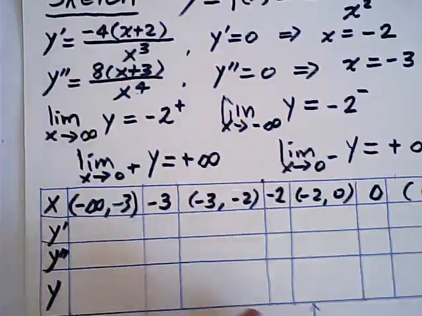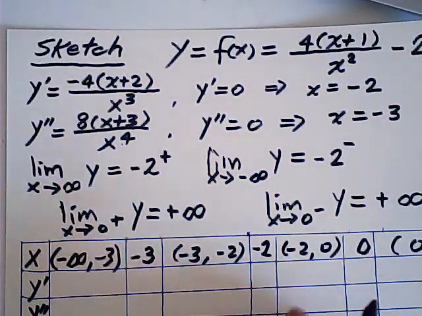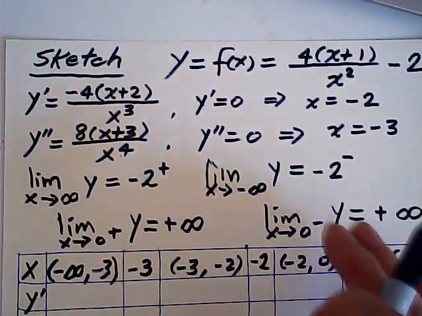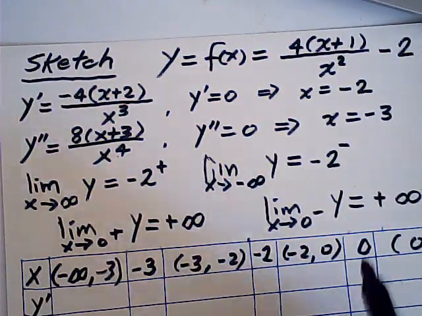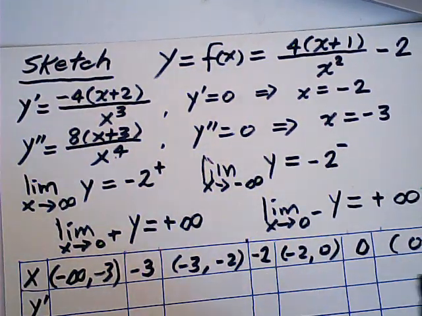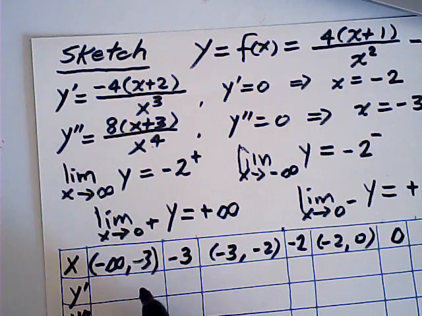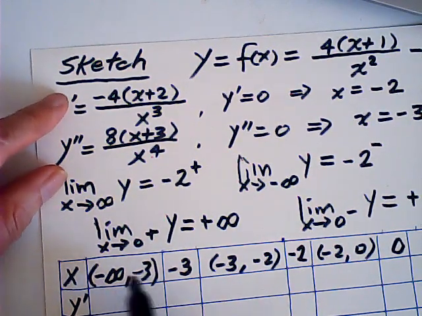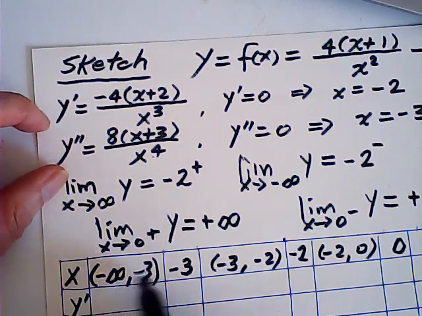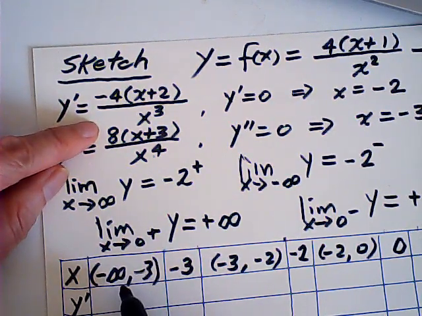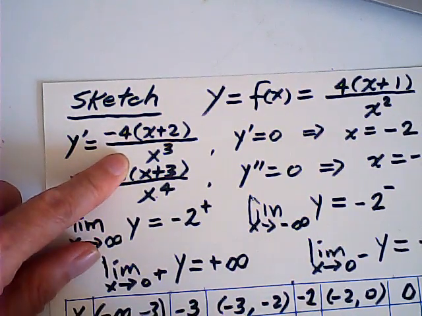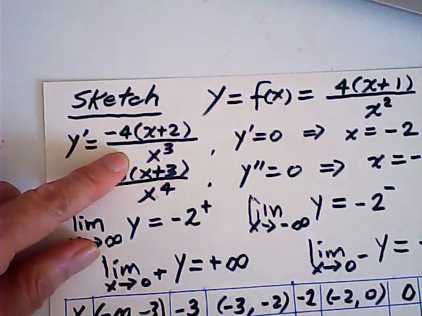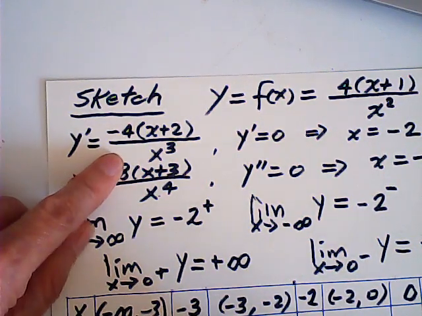Now we need the shape of the curve of the function, right? So we can sketch. The shape of the curve is derived from the derivative signs, positive or negative. So we choose a point, say -4. You can choose minus a million. Put this into the derivative function, you get a negative. Put -3 here, you get a negative.